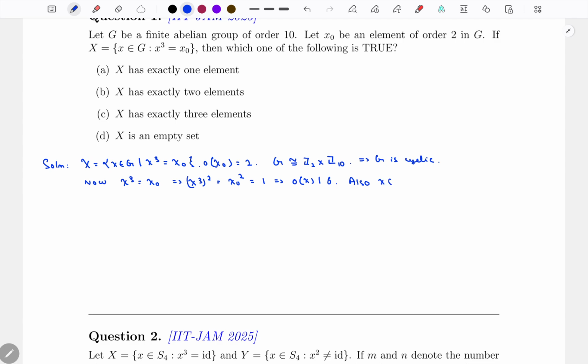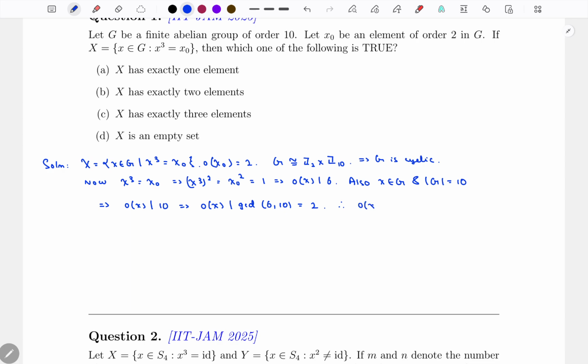Also, x is an element of G and the order of G is 10, so the order of x divides 10, but that means that the order of x divides the GCD of 6 and 10, which is equal to 2.